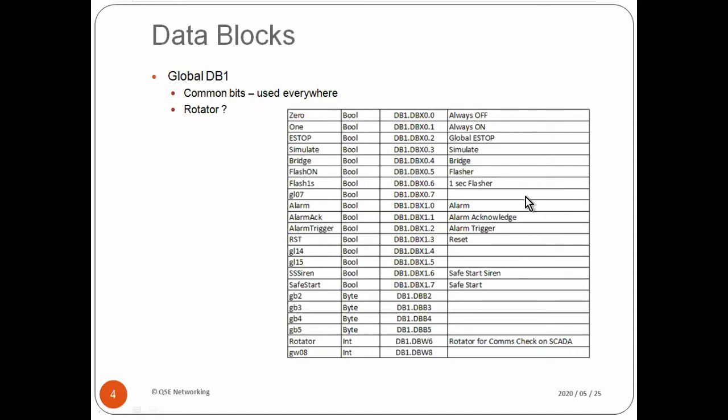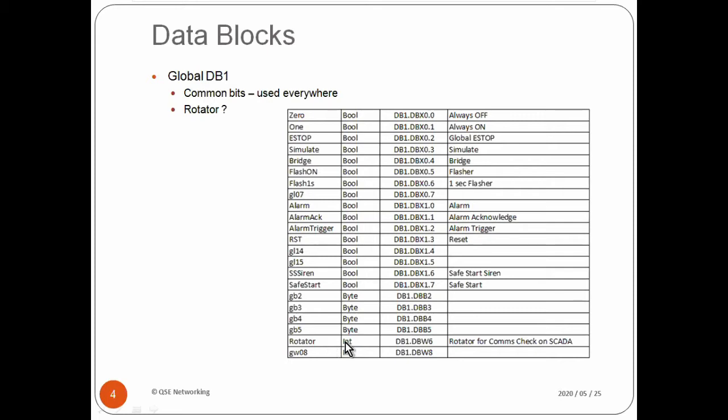The other part here, which I've got in from a standard project, is sometimes we want to build a flasher to flash an actual light or something once a second. We've got a standard flasher circuit for that. And there's some alarm triggering, and this part here has to do with the safe start siren. And you'll see there's another one here which is called the rotator. This is a little functionality we normally build into a project, which will be running in the PLC.